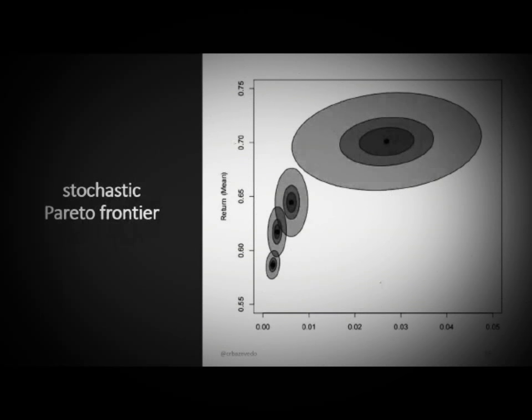Let me show you the concept of a stochastic Pareto frontier. This is a stochastic Pareto frontier that I computed for a financial portfolio selection problem using real-world data from the Dow Jones Index. I composed a set of portfolios and optimized them, trying to simultaneously maximize the return and minimize risk.